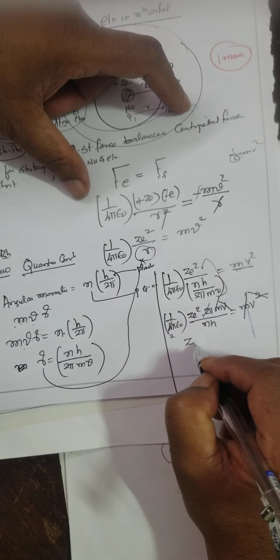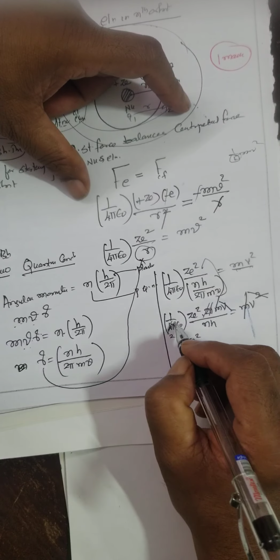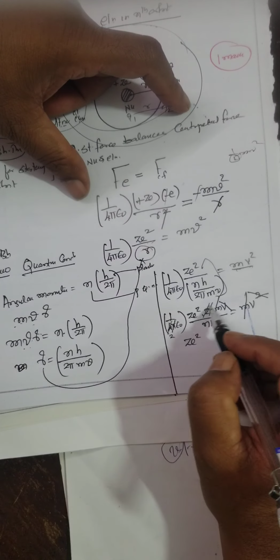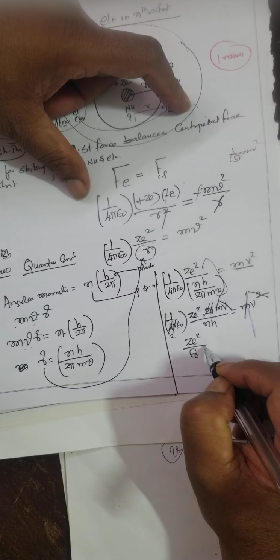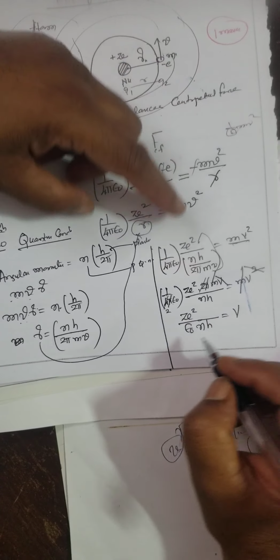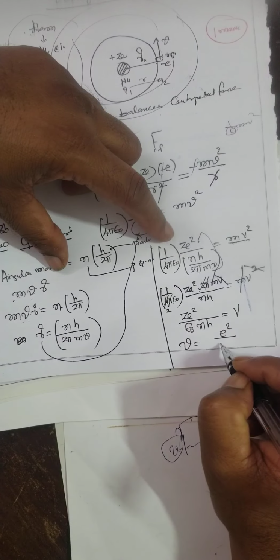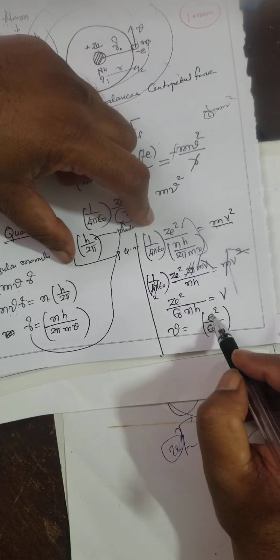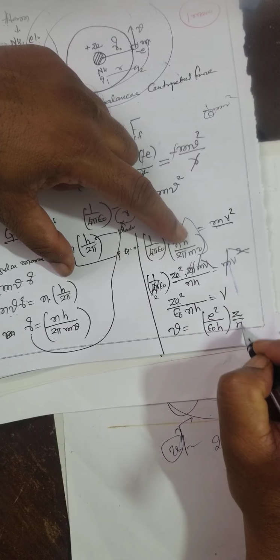Therefore Ze square, this pi also gets cancelled. Here epsilon is there, nh is there, v is there. Therefore v is equal to Ze square by 2 epsilon naught h n.